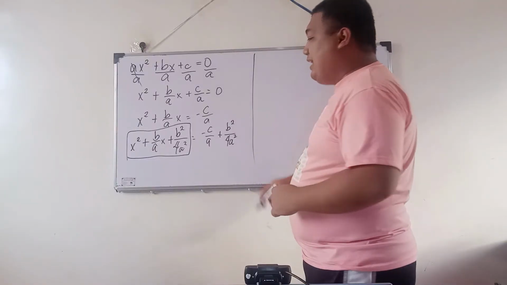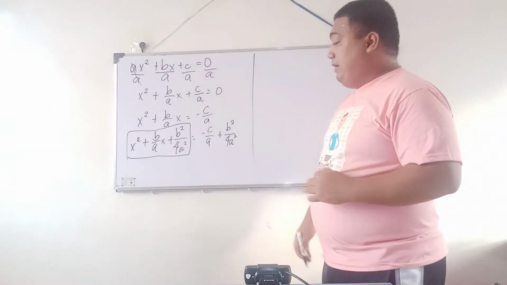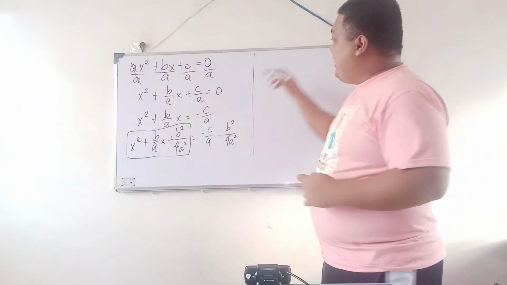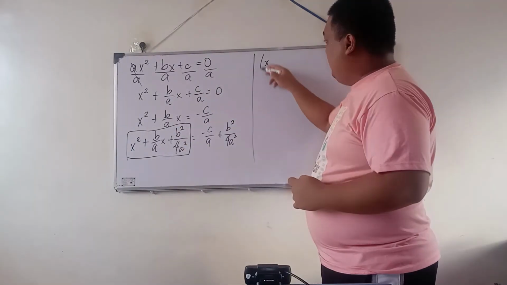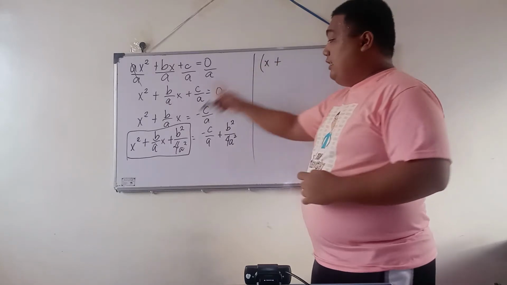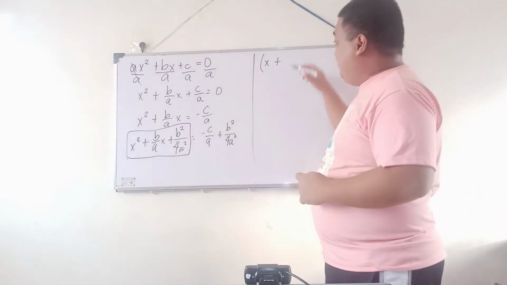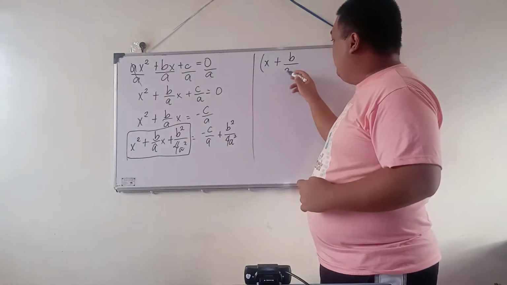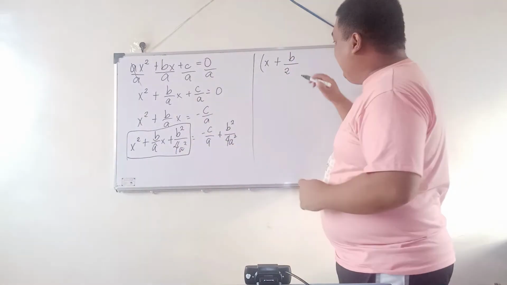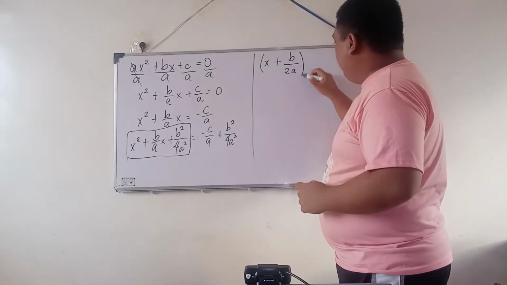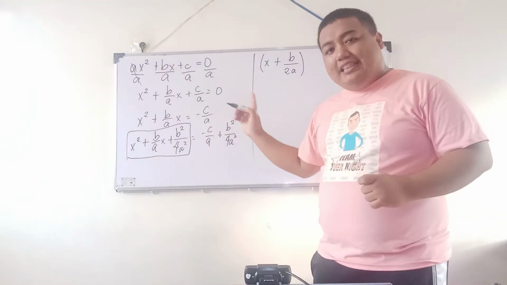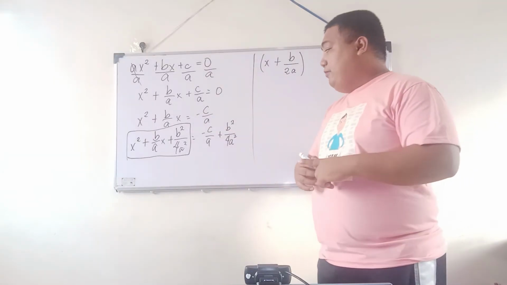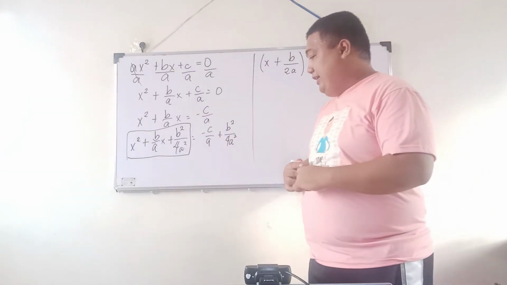Square root of x squared, that is x, plus square root ni b squared, that is b, square root ni 4, that is 2, square root ni a squared, that is a. Then after that, ipa-perform naman natin ang operation ni negative c over a plus b squared over 4a squared.